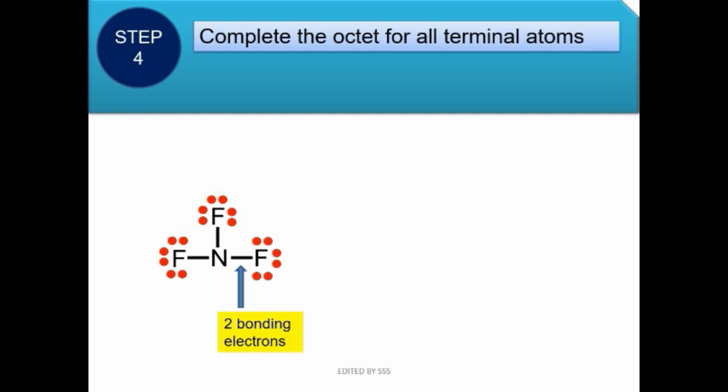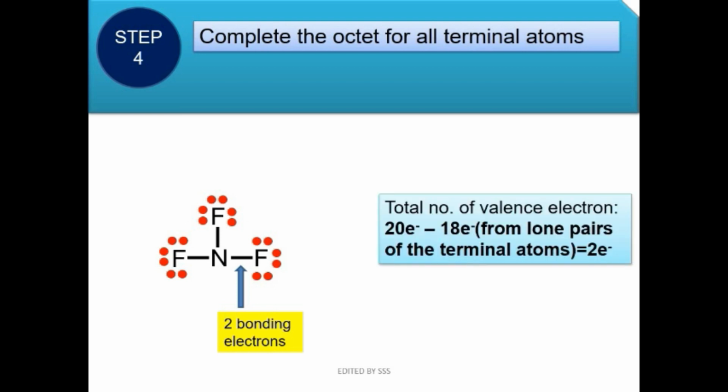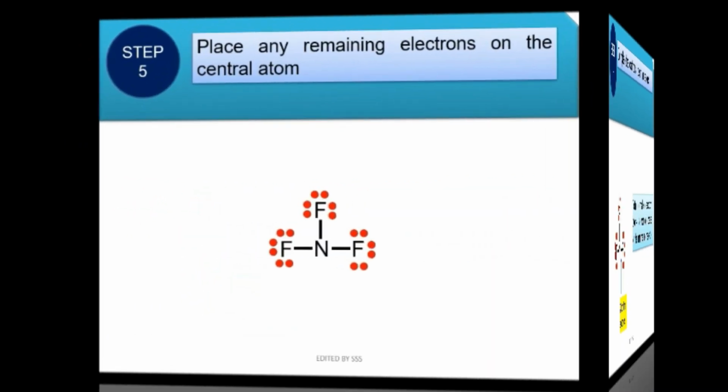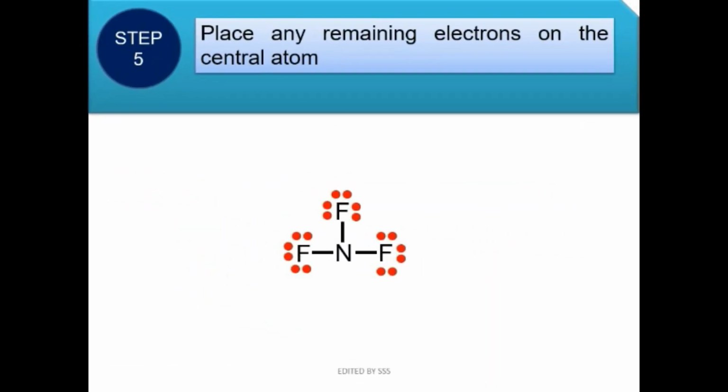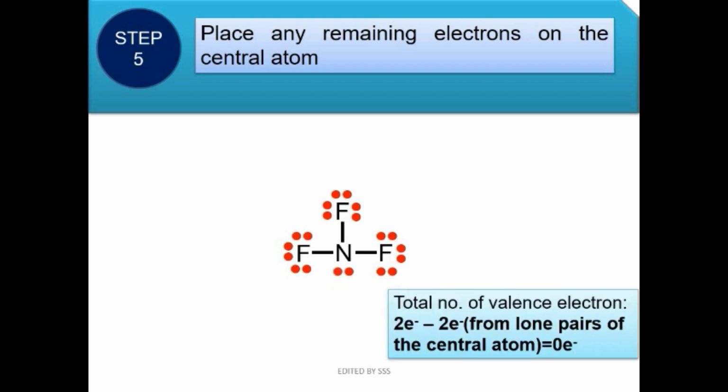We use 18 electrons in these steps, therefore 2 electrons remain. Step 5. Place 2 remaining electrons on the central atom nitrogen to make it octet. Now no electron left.